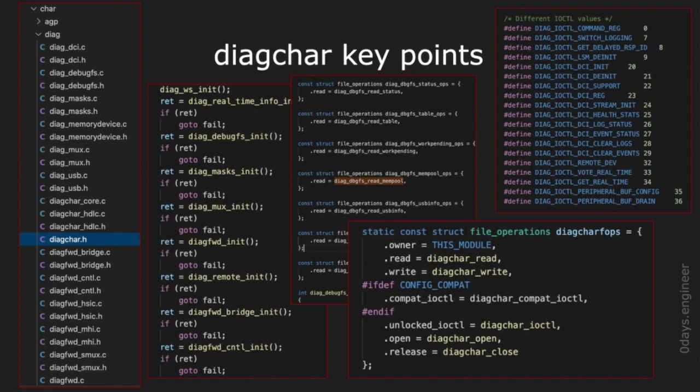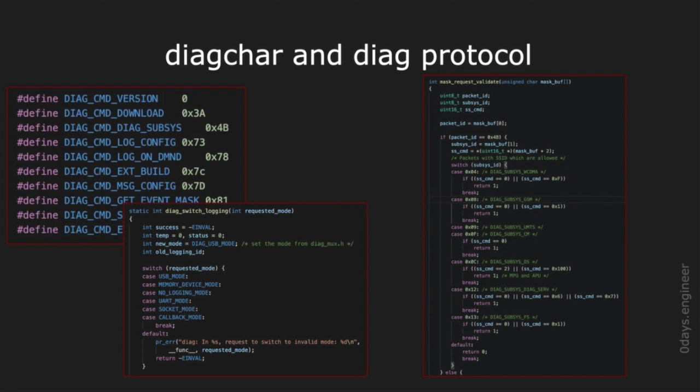However, by default, you are not able to access the Diag channel through this device, because in order to access it, there is a Diag switch logging function which switches the channel that is used for Diag communications. On this screen, there are several modes listed, but in practice only two of them are supported, the USB mode and the memory device mode.